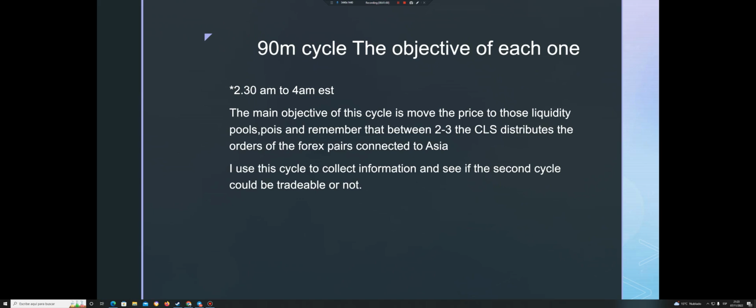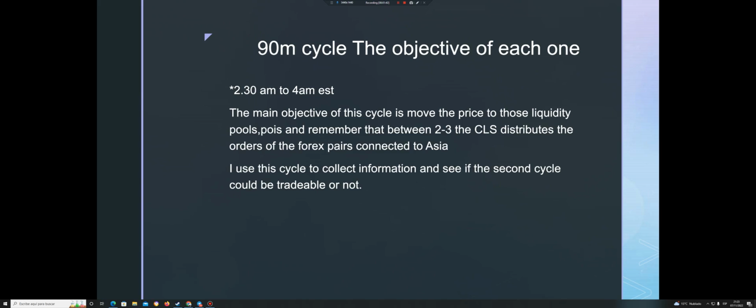Because like I said, between 2:30 and 4 you won't see, maybe sometimes, but not most of the time, a lot of volatility, because CLS is focusing on those Asian Forex pairs. And that's why most of the time, between that time, the London session could create the high of the day or the high of the session.